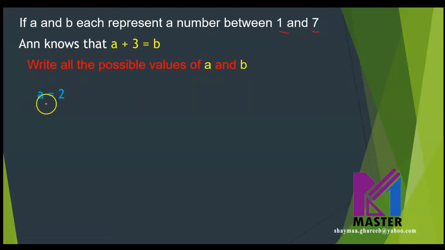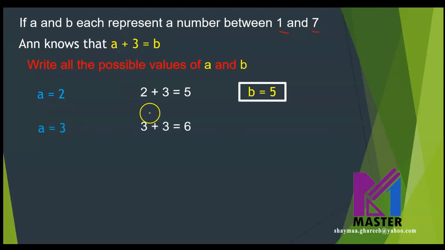So I will start with the 2. If A equals 2, so 2 plus 3 equals 5, then B equals 5. If A equals 3, so 3 plus 3 equals 6, then B equals 6.